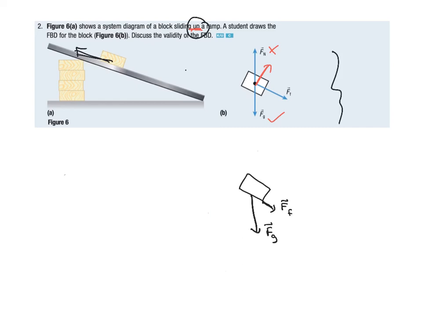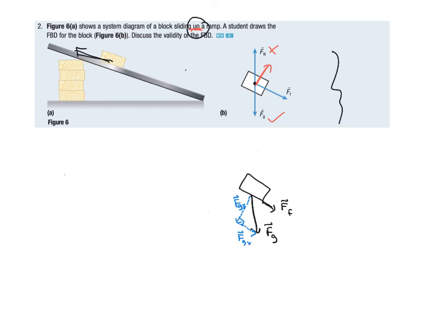So how long am I going to draw this normal force? Well, I actually first need to do the following. What I'm doing is I am splitting the force of gravity into perpendicular components. One component perpendicular to the ramp and one component parallel to the ramp. I'm going to call one of them the y component, FGY, and the other one the x component, FGX.